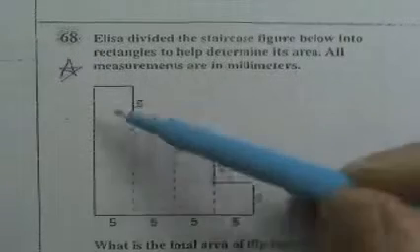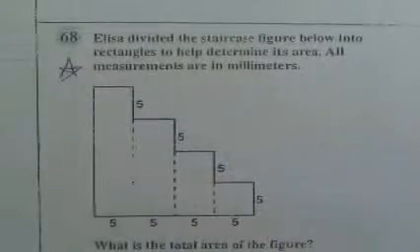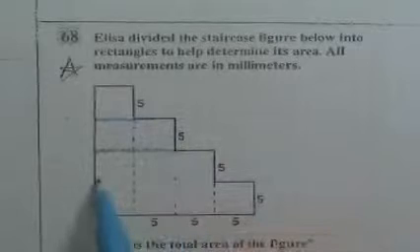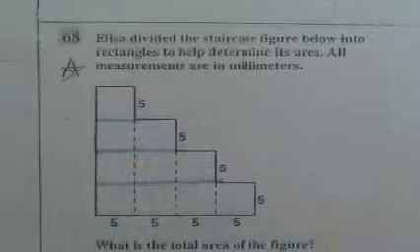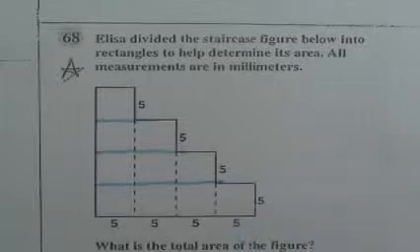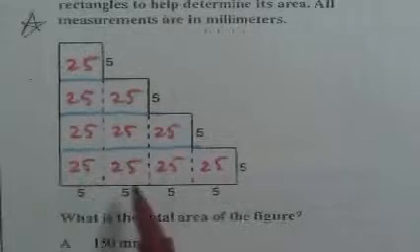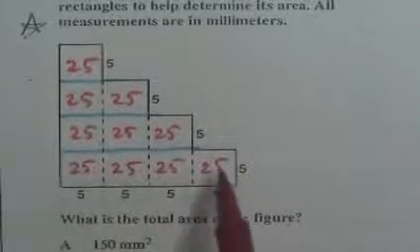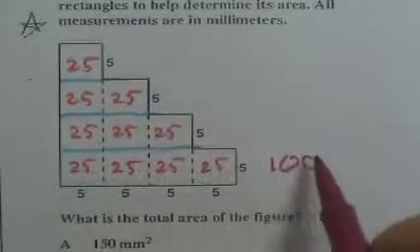Number 68, we need to find the total area. Now, there's many ways of doing this. If you want to, you can just break it all down into squares if you like. And each square here is 5 by 5. 5 by 5, that's 25. So if each of these squares is 25, if I go row by row, let's say 25, that's 100 on this row.